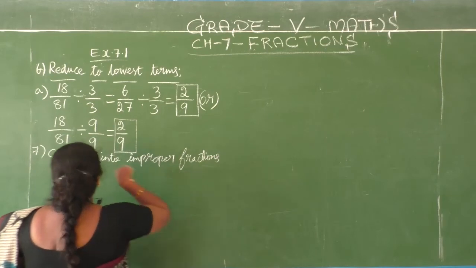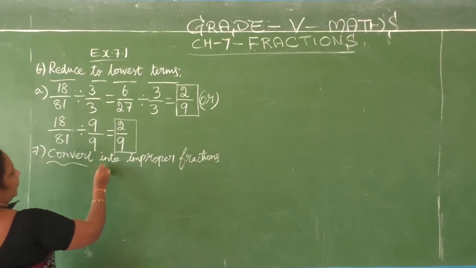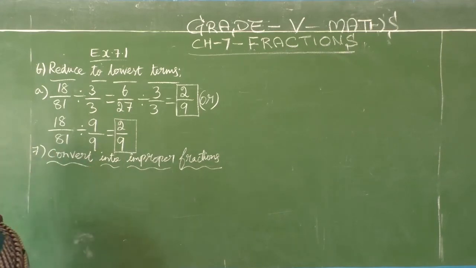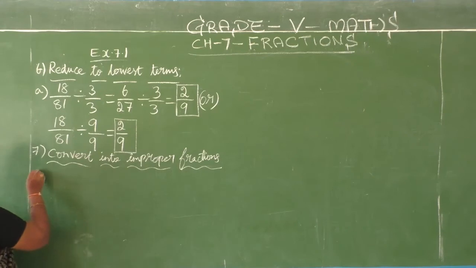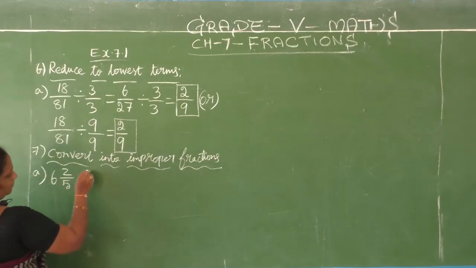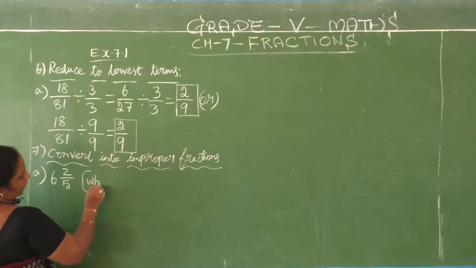This you already know, because in our previous Roman I explained how to change mixed fractions into improper fractions. See the sum they gave: 6 is the whole number, 2 by 5. We have a formula for this. What is the formula?